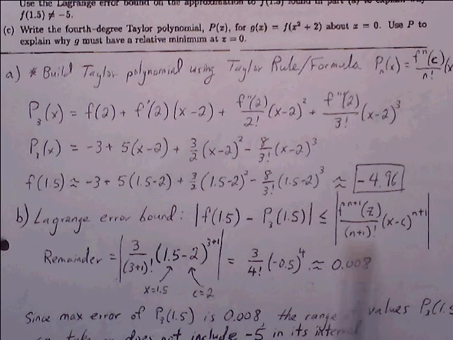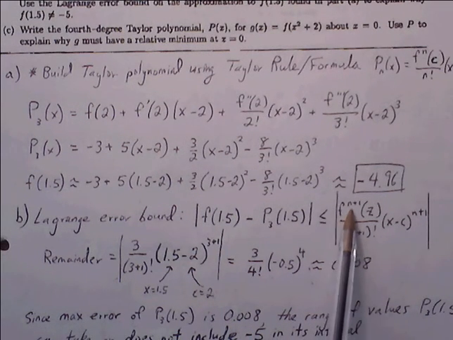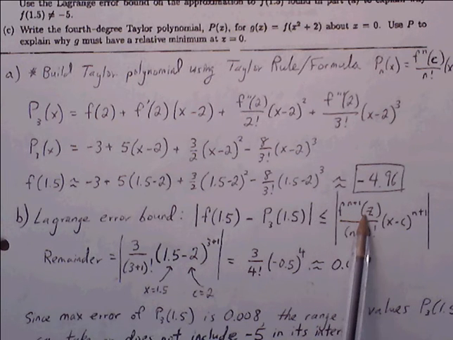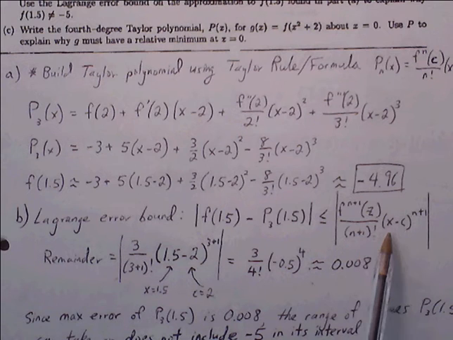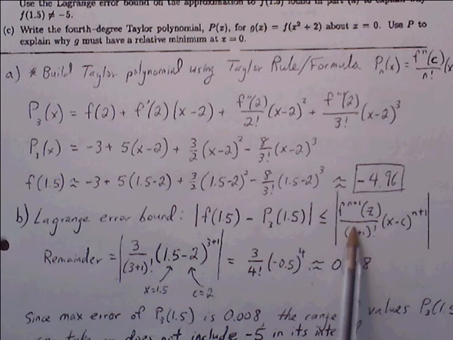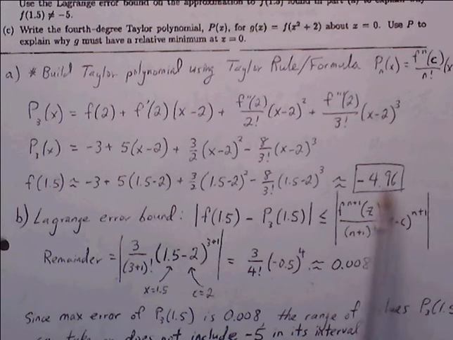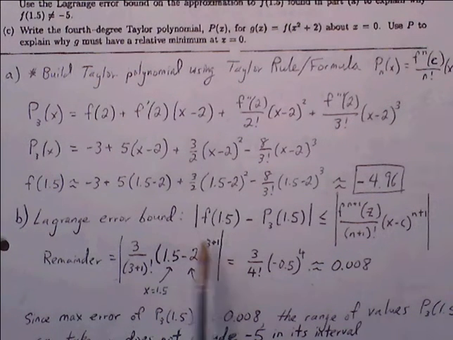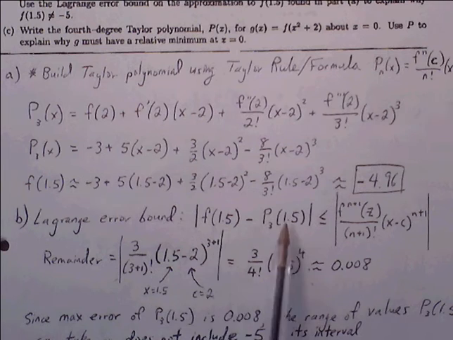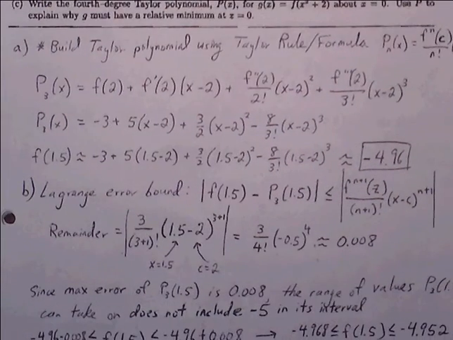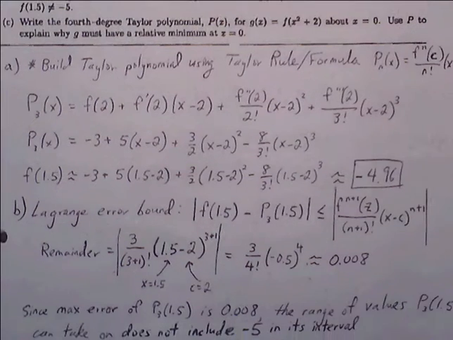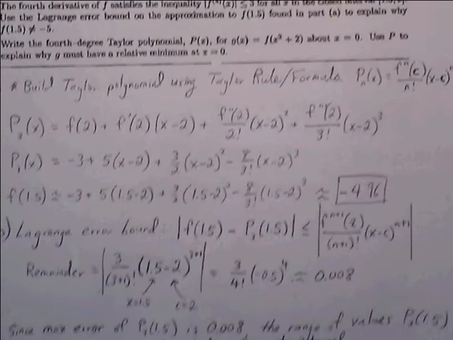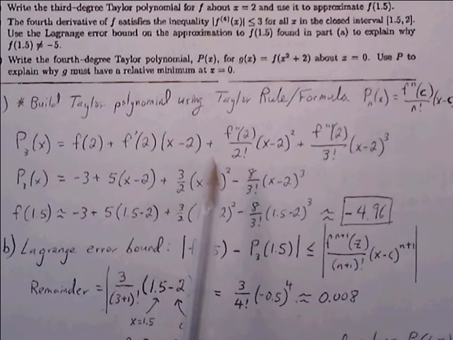And this remainder value is the n plus first derivative evaluated at some value z over n plus 1 factorial times x minus c to the n plus 1. So this is going to be the maximum error, or the maximum amount of difference between the actual value and the approximated value.